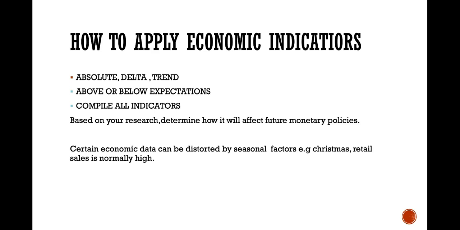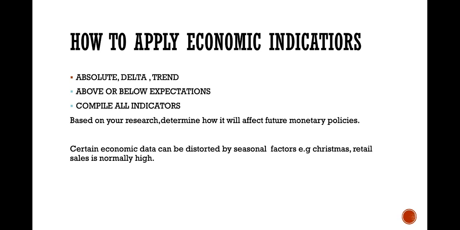The moment they cut interest rates, it means that they are starting to pivot. That means they are switching from their hawkish stance into a dovish stance. Hawkish means when they are increasing interest rates, dovish means when they are cutting interest rates. So we'll go more on interest rates when we get there. I know we've done it before, but we'll do it again once we get to that part.